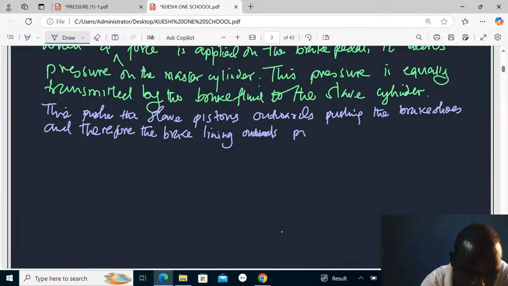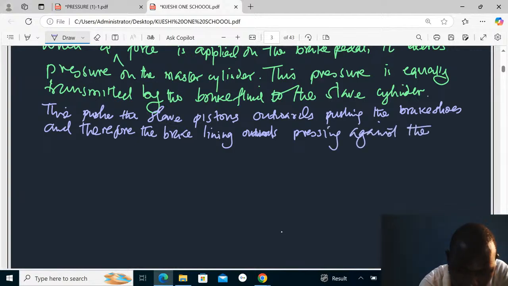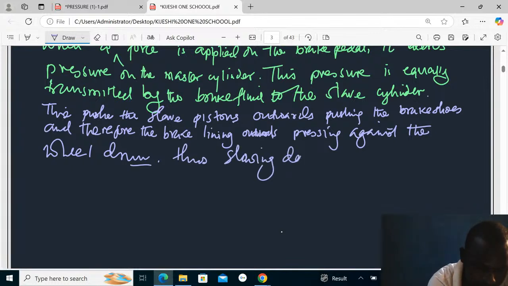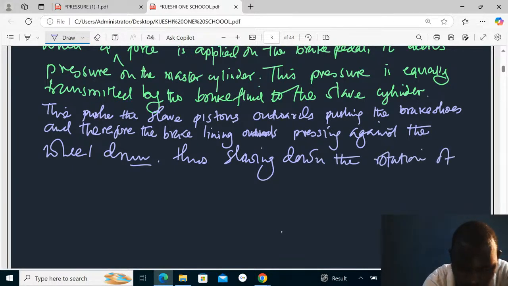Pressing against the wheel drum, thus slowing down the rotation of the wheel.